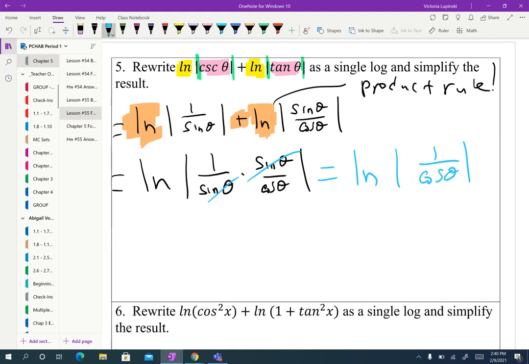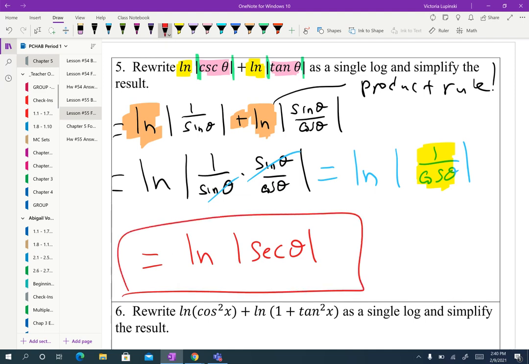And while that is a pretty good answer, I do notice that 1 over the cosine of theta can be written in a slightly simpler way if I change that 1 over cosine into a secant. And it turns out that that is what I'm looking for. I am looking to take that big, messy expression and turn it into the natural log of the absolute value of the secant of theta.